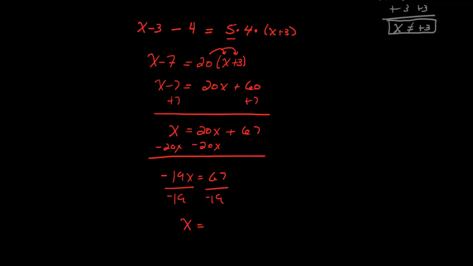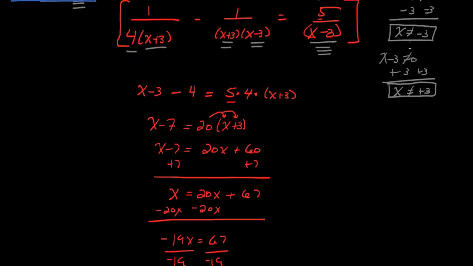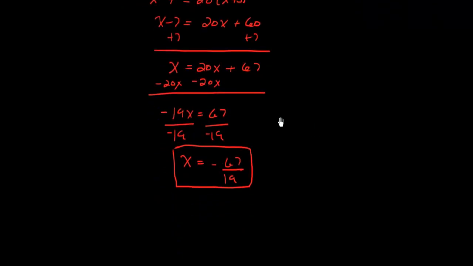And I get x equals negative 67 over 19. And notice I want to verify this against my domain restrictions, and we said that x cannot equal negative 3 or positive 3. So I feel content that this is a valid solution. And remember, you can always go through and plug it in at the very end just to solidify and make sure that it is correct.